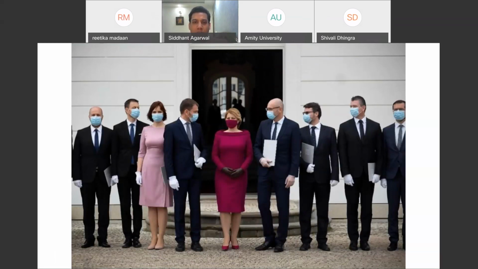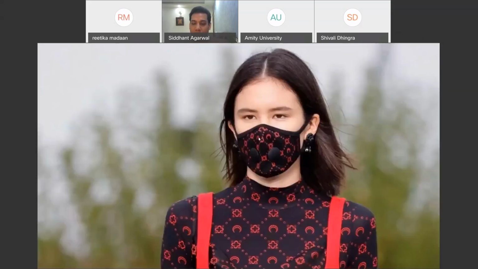I'm not sure if you have seen this, but this is an image of the President of Slovakia who has nailed her coronavirus look. This was in the news some time back. Then there was this kind of image that's going around, like people are just trying different approaches, matching their outfits, the designs of the mask and everything.